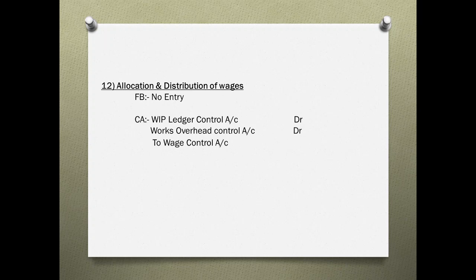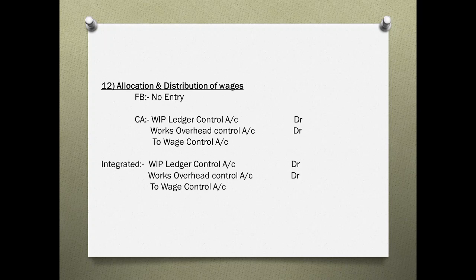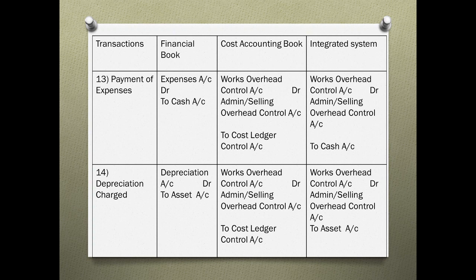You can pass a combined entry or separate it: direct, so WIP ledger control account to wage control, indirect, work overhead control to wage control. The combination entry would be the same because in the financial book there is no entry.